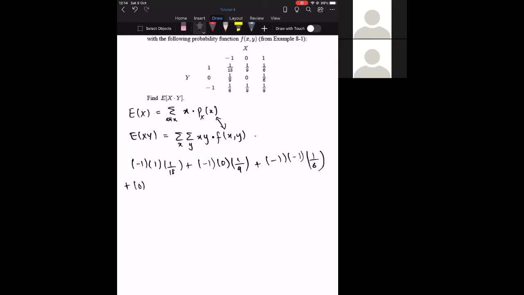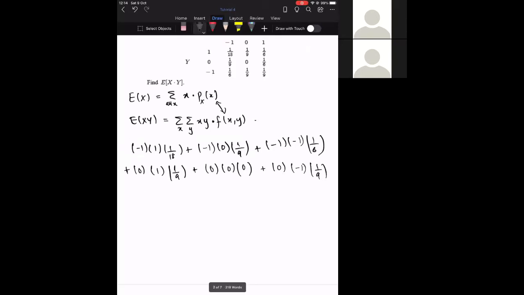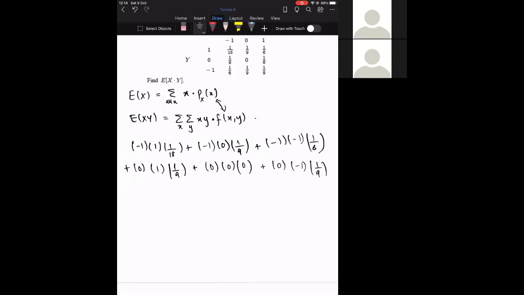And then we have x is 0. So all I'm doing is summing up all of the probabilities associated with the product of x and y, which gives us the expectation by definition.